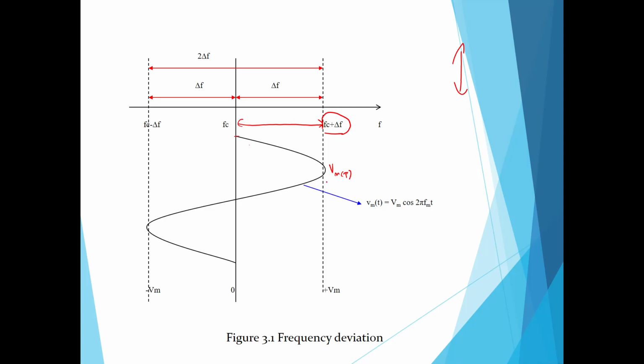So when the amplitude is maximum, the carrier frequency will be maximum, in this example.